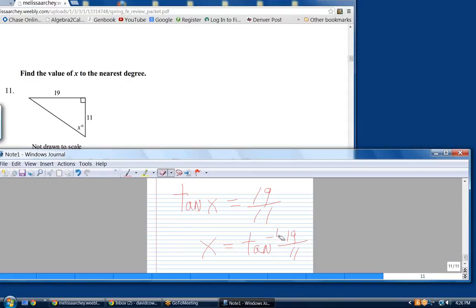That -1 exponent means the arctan, or the inverse tan. Now, on your calculator, look up the inverse tan of 19 divided by 11. If that's a potential mistake for you, make sure you convert that to a number first. Find out what 19 divided by 11 is, and then find the inverse tangent of it.